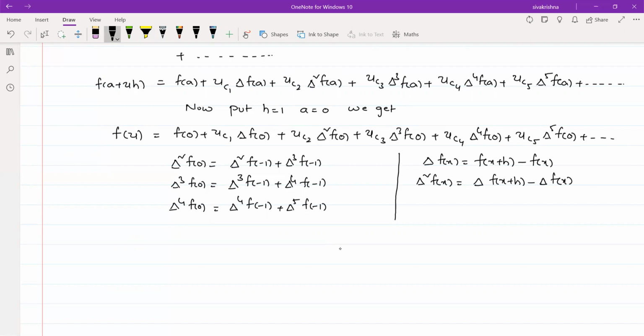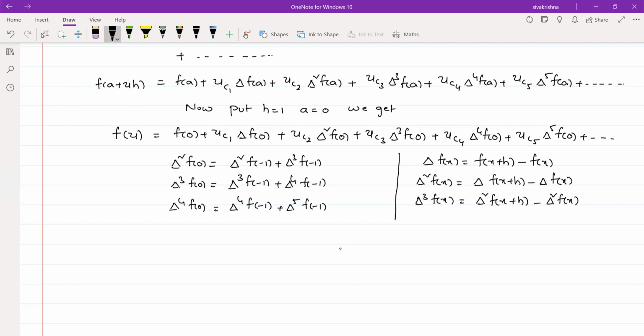Now, if you multiply this with another delta on both the sides, we get delta cube f of x is equal to delta square f of x plus h minus delta square f of x.